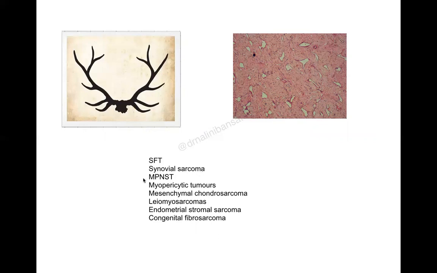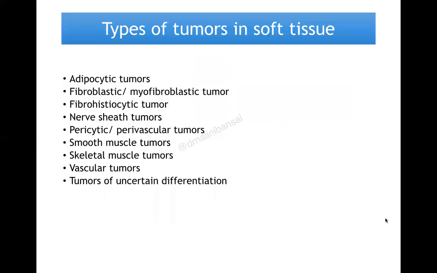It could be a synovial sarcoma, malignant peripheral nerve sheath tumor, or mesenchymal chondrosarcoma. These are the four main tumors that come in the differential, and there is also a list of others like leiomyosarcoma, endometrial stromal sarcoma, and other tumors. But whenever you are seeing a hemangiopericytomatous pattern, the two things that need exclusion first are the solitary fibrous tumor and a synovial sarcoma.